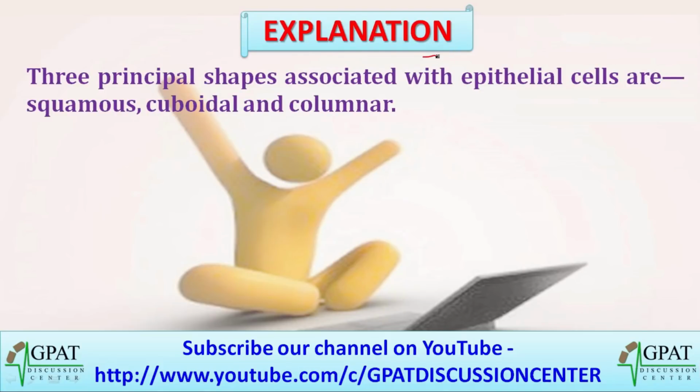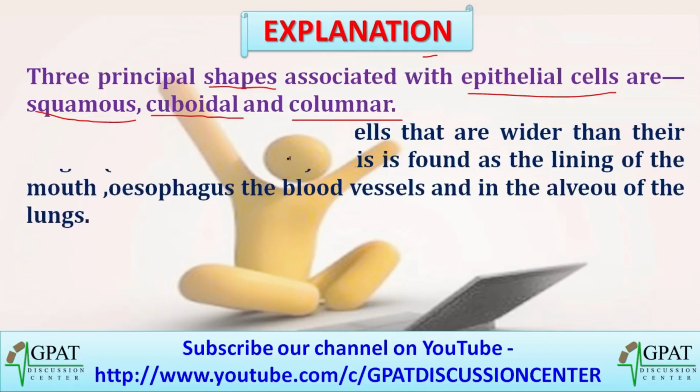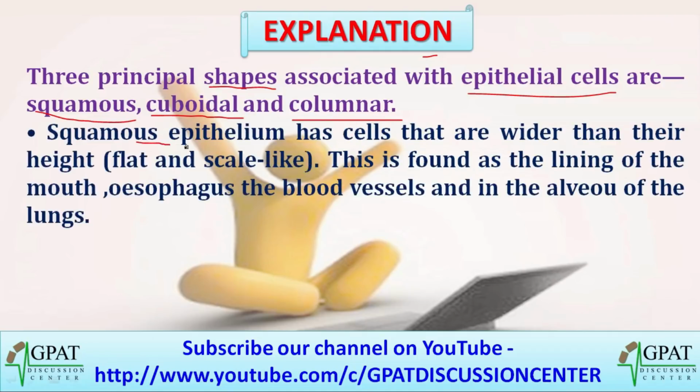There are three principal shapes associated with the epithelial cells, and what are they? First is squamous, second is cuboidal, and third one is columnar. So let's discuss individually what squamous epithelium is and its characteristics. Squamous epithelium has cells that are wider than their height, that is flat and scale like.